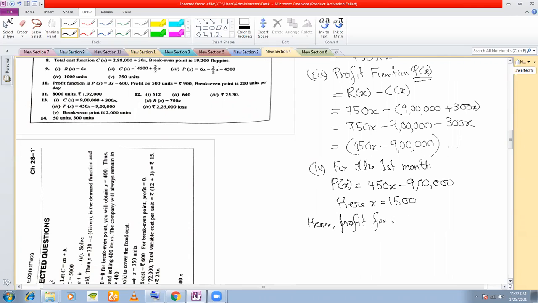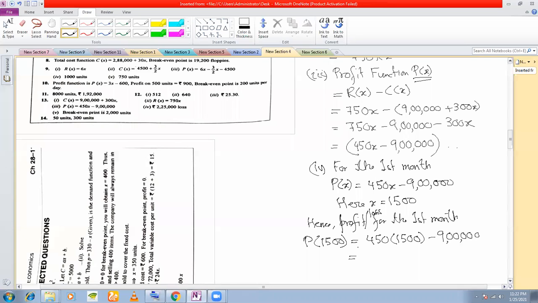Hence, profit or loss for the first month, P of 1500, because I don't know which it should be. P of 1500 is equal to 450 into 1500 minus 9 lakh. Can you tell me how much is 450 into 1500?